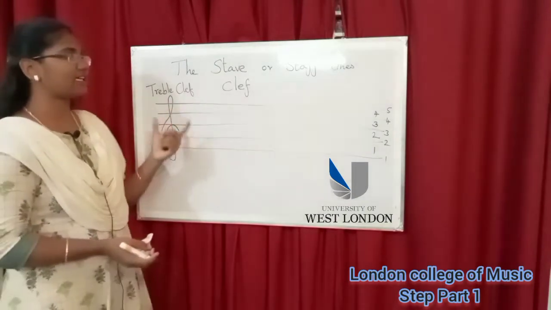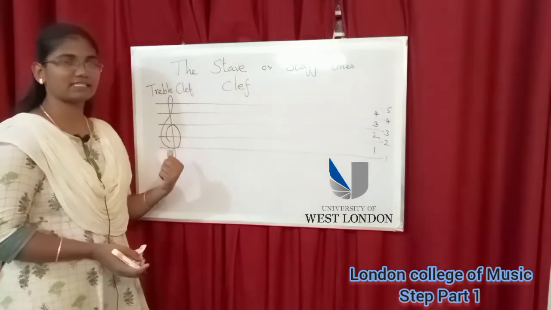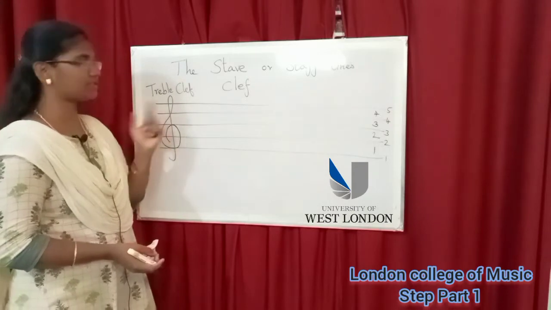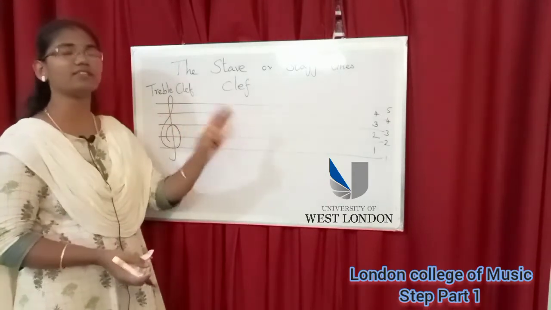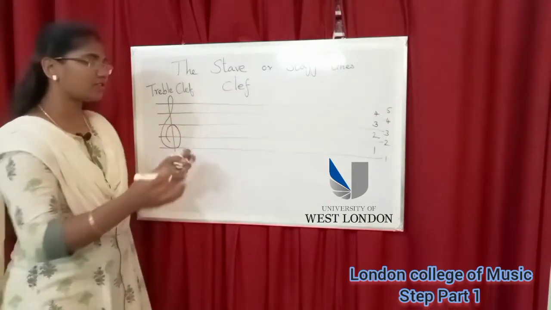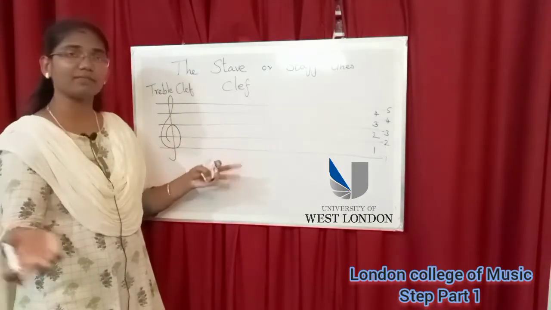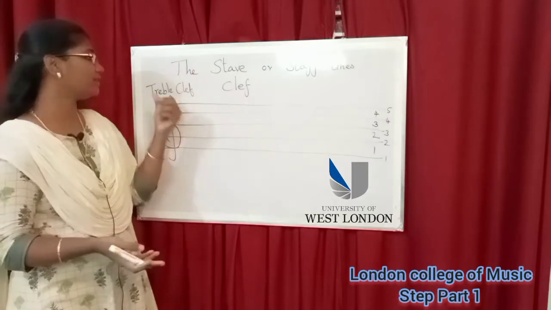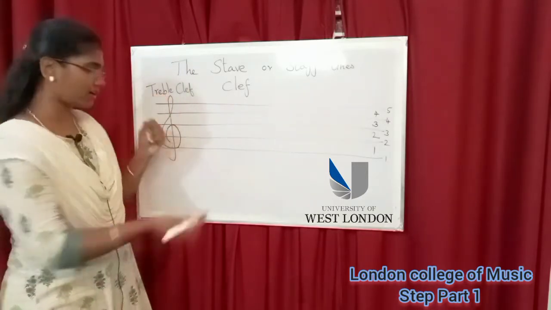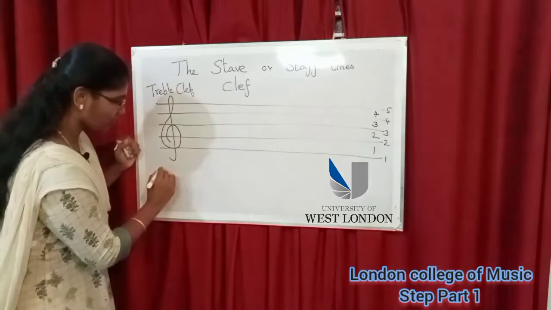If you see staff lines which start with this treble clef, it means you have to play that line using the right hand. If the line has to be played using the left hand, they will use another symbol, that is the bass clef. We can draw that also.